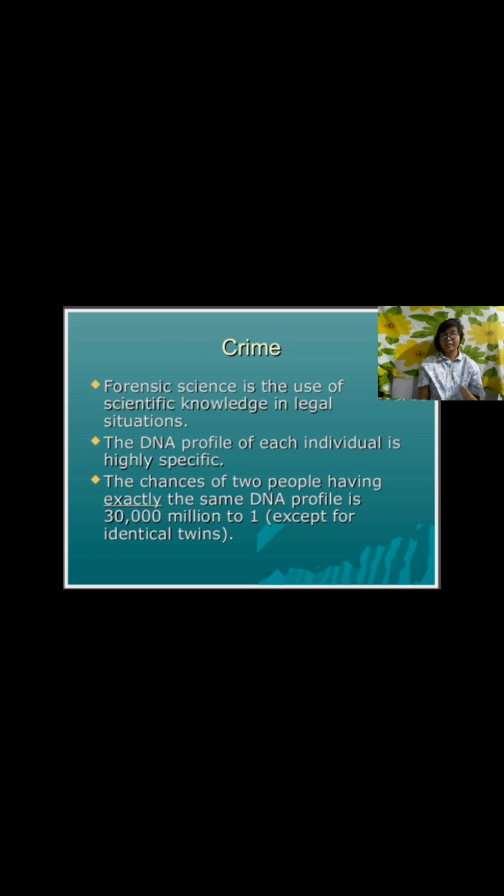Forensic scientists can compare the STR profile of a blood sample with that of a suspect or the victim to look for a match. If two DNA profiles match, there is only a 1 in a billion chance that they are from two different people, unless they are identical twins. So next, DNA profiling can solve crimes.